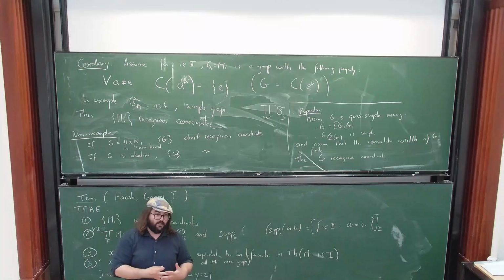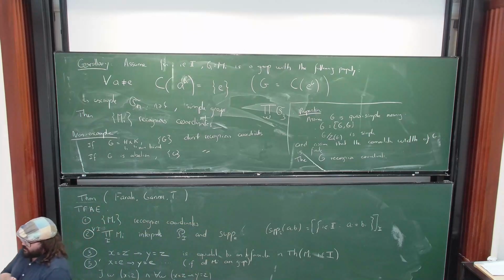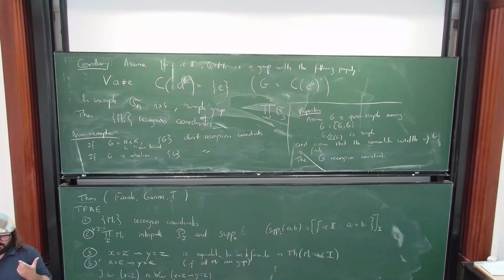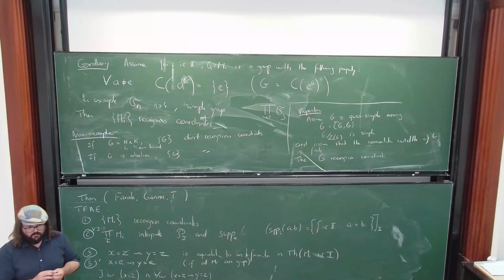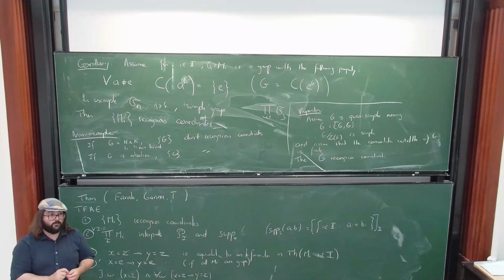For me, what is surprising about this story, but I don't know if my co-authors agree, is that a structure doesn't need much to recognize coordinates. Linear orders recognize coordinates. Even a mini structure, a cyclic order on a set of 3 elements, recognizes coordinates.